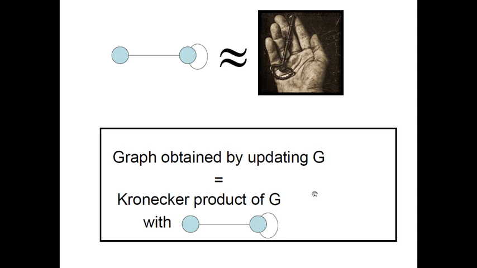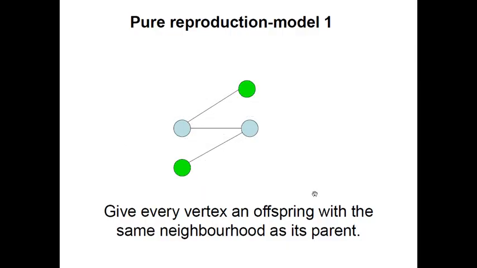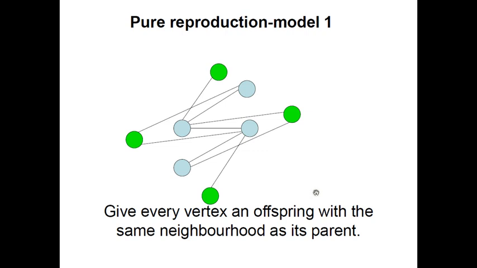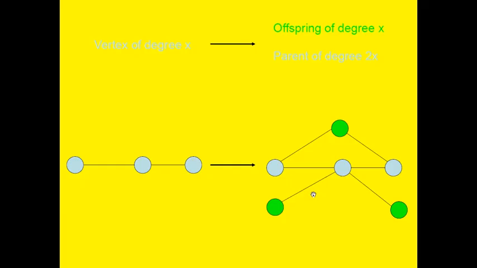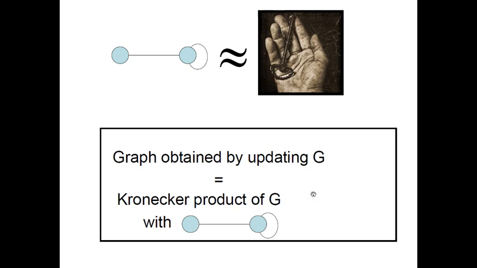Well, anyway, the point is that every time you update one of these systems, every time you do this sort of operation where you give every vertex an offspring with the same neighborhood as its parent, it's basically equivalent to doing the Kronecker product of that graph with this funny kind of tadpole-shaped graph here. So our basic updating step can be replaced with this more mathematical operation of Kronecker producting with this network.